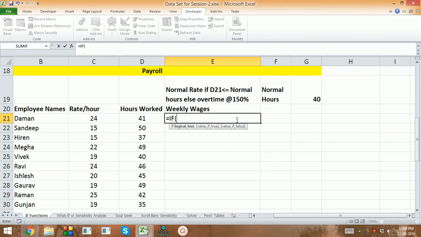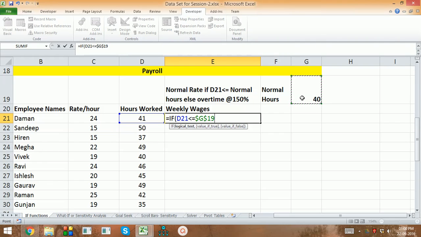The logical test is that if the hours worked is less than or equal to 40, we're using the cell reference because we want to make our model flexible, so that when the normal hours are changed per the policy, we could just change the cell value and get the revised result. But since we intend to drag and drop this formula later, it is worthwhile to freeze the cell by pressing F4.